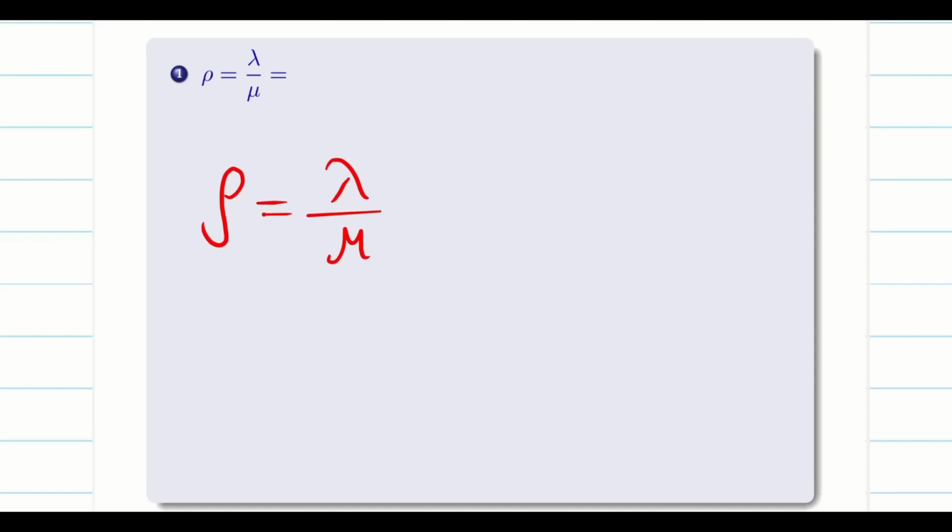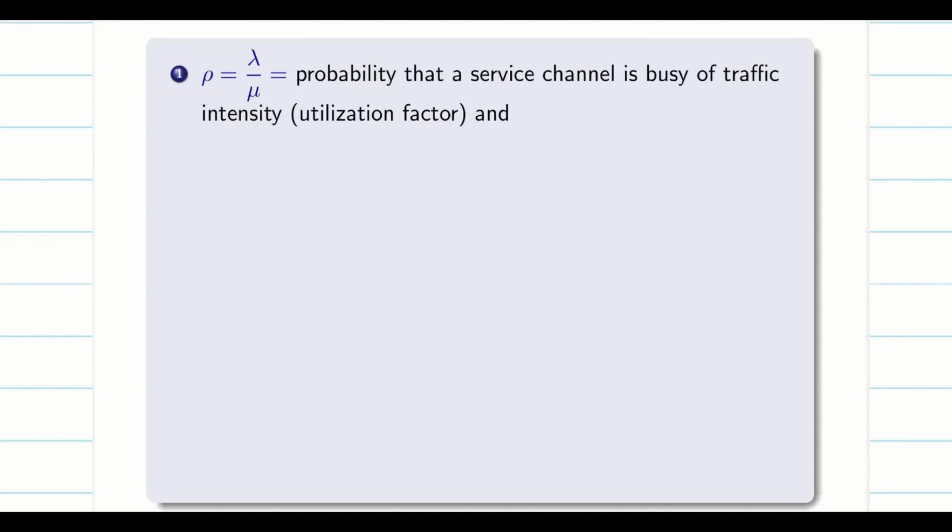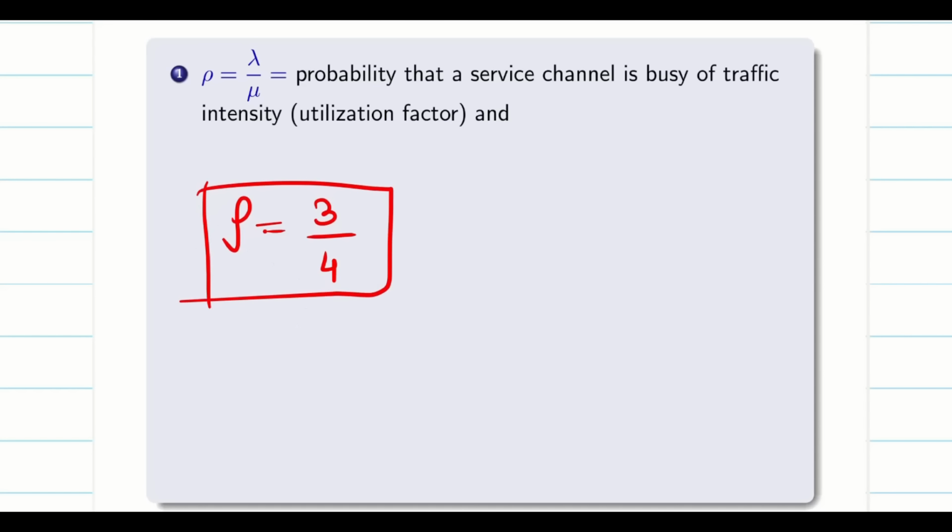Next, it is very important: what is rho? Rho is lambda by mu. People call it the utilization factor, traffic intensity, or busy system. It is very important. 3 customers are coming per hour, 4 customers are serviced per hour. So my traffic intensity or utilization factor is 3 by 4.